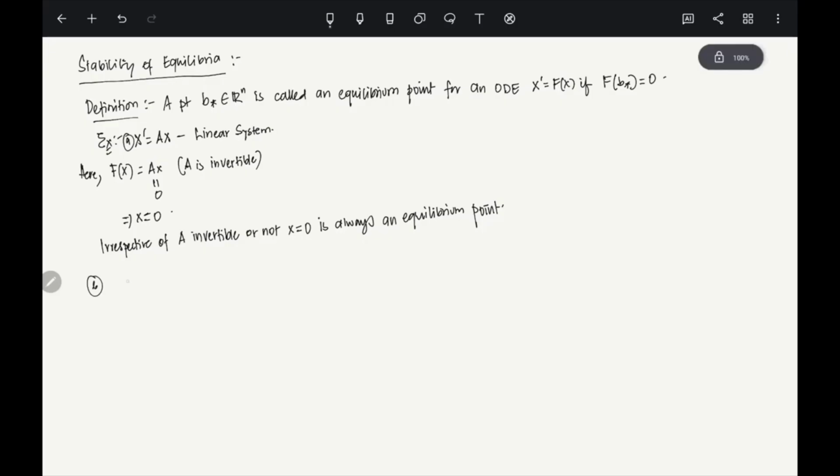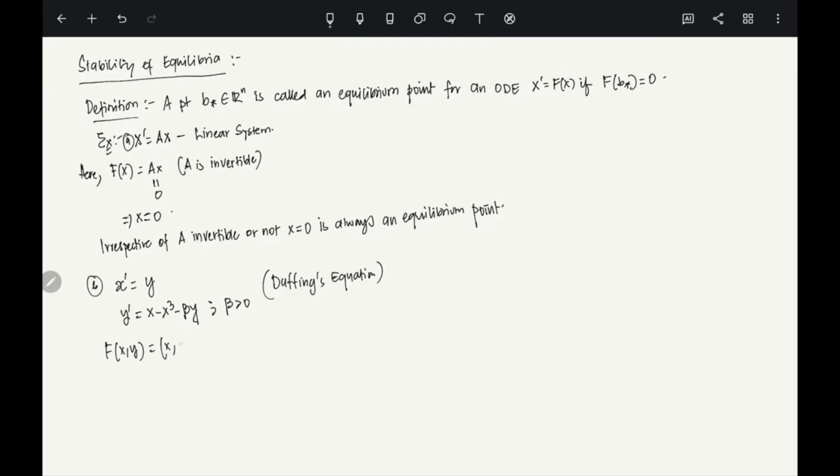Let's say x prime equals y and y prime equals x minus x cubed minus beta y, and here we are assuming that beta is positive. This sort of equation is called Duffing's equation. For this equation, what is f of x, y?